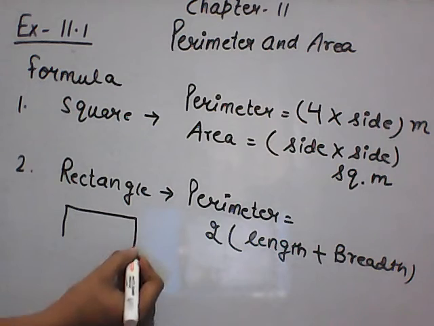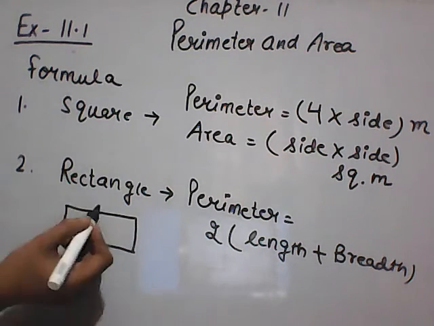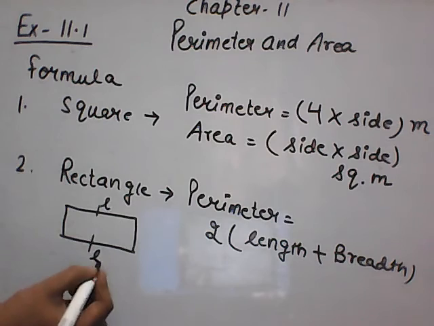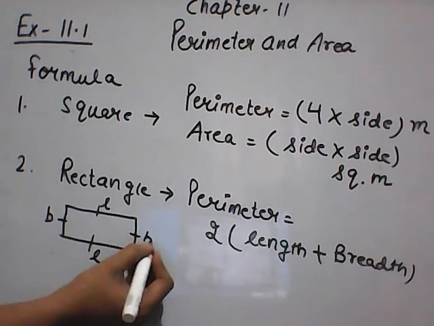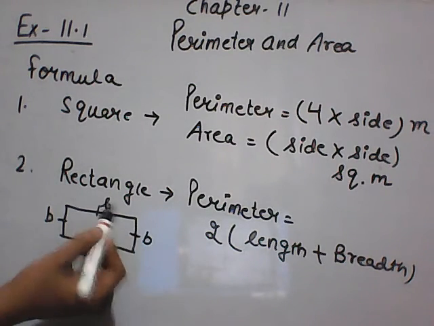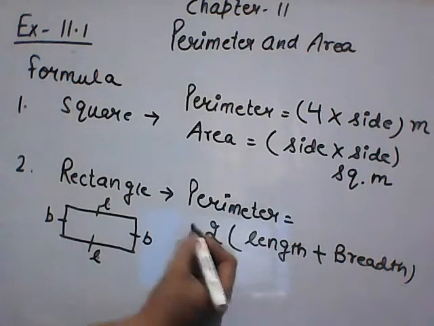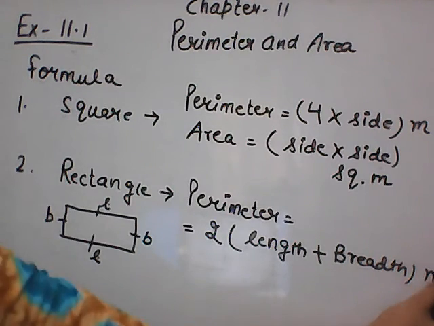We know that perimeter is total length of all sides. Here, length of rectangle is suppose L. So, it is also L. Breadth of rectangle is B. So, it is B. Now, what is the formula? L plus B plus L plus B. The total length of all sides. It becomes 2 into length plus breadth meter.